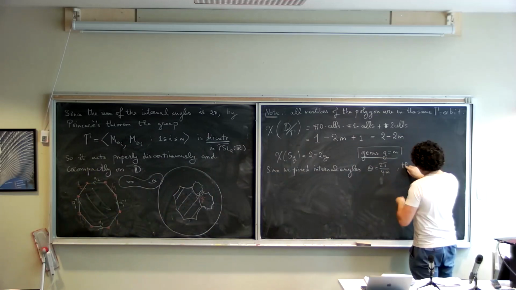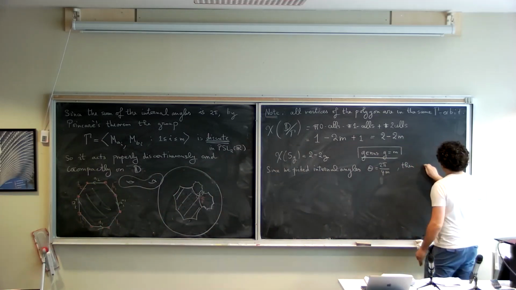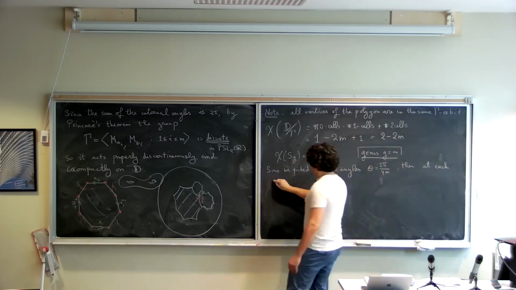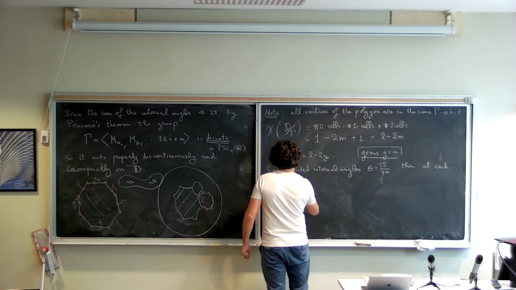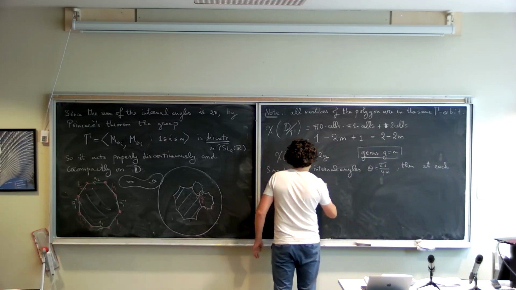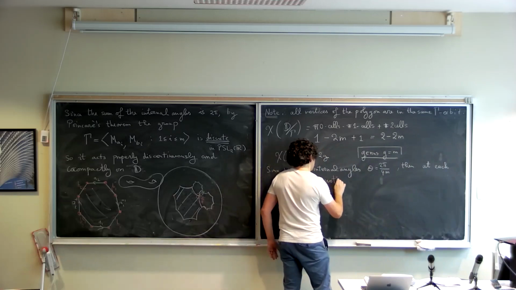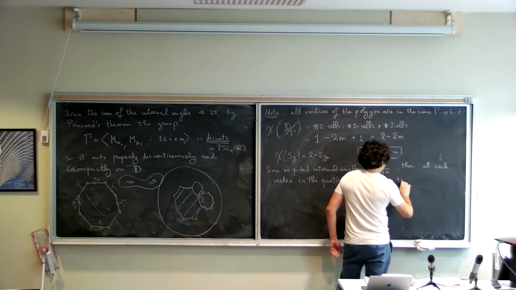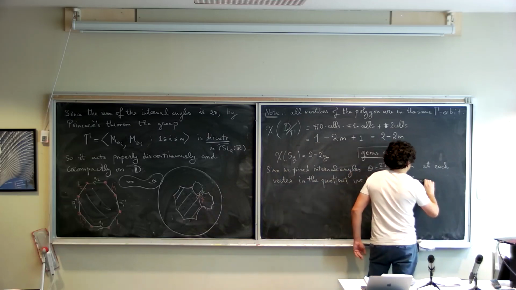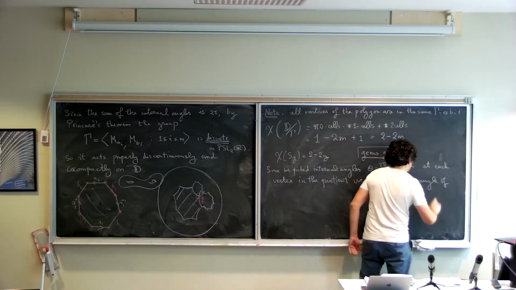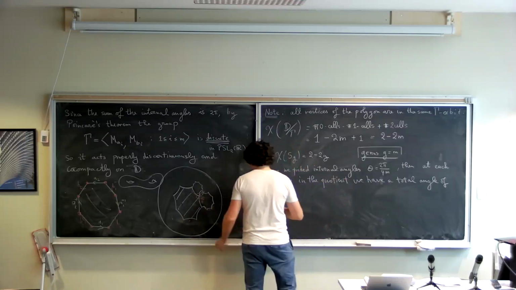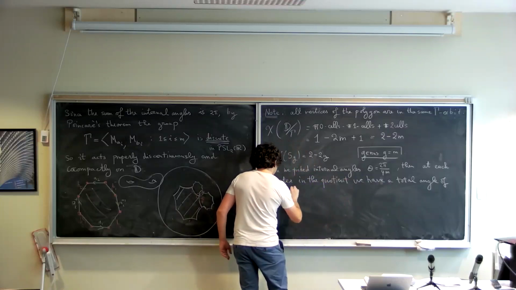Then at each vertex in the quotient, we have a total angle of 4m times 2 pi over 4m.